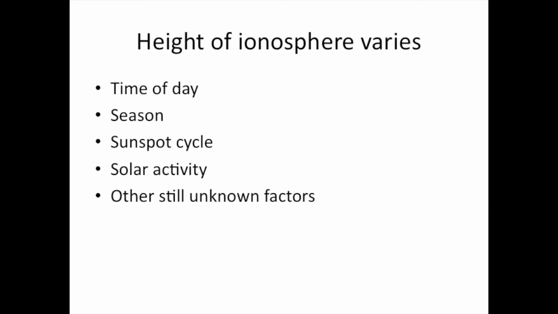And of course, any time in the sunspot cycle, you can have a drastic change in solar activity. And there are still other unknown factors, either unknown because we haven't learned them yet or unknown because I haven't learned them yet, or unknown because we don't want to talk about them in this particular presentation. But basically, time of day, season, sunspot cycle, and solar activity are the major factors that determine the height of the ionosphere.